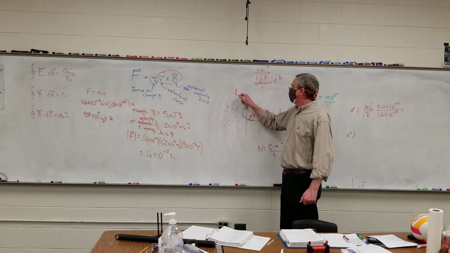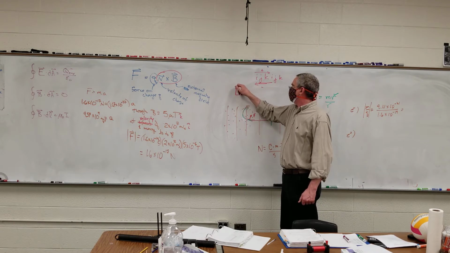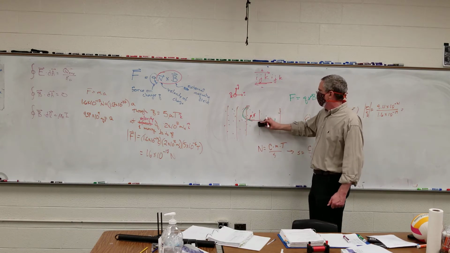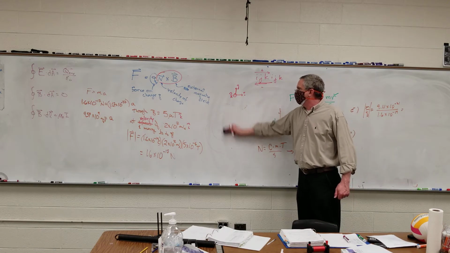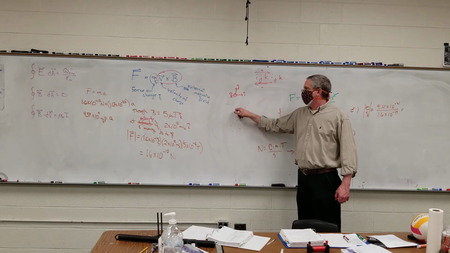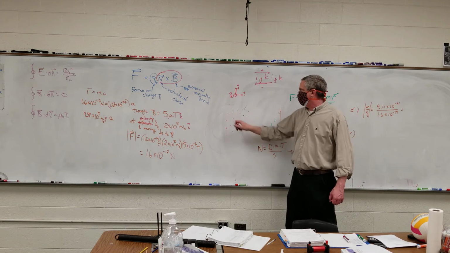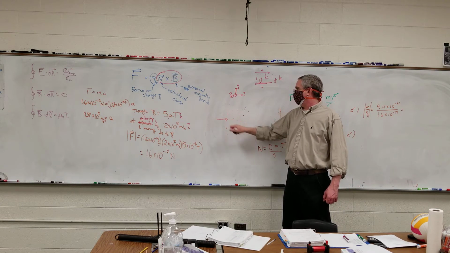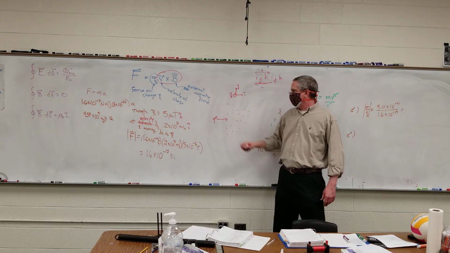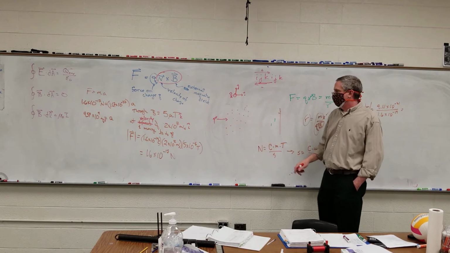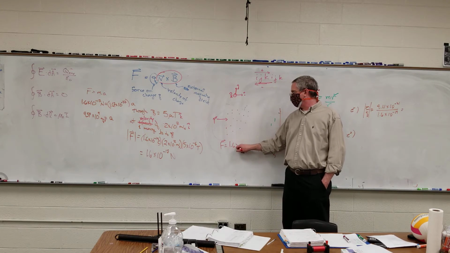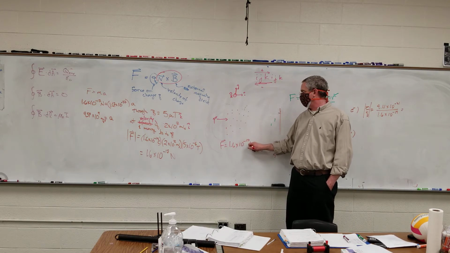So let's go with I, J, and therefore K coming out of the board. So B is coming out of the board, my velocity is in that direction, and it is a proton. So my force will be 1.6 times 10 to the negative 17 newtons.